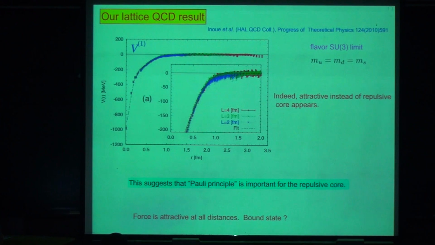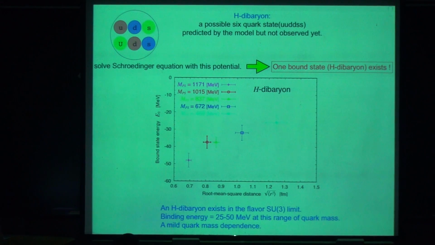And as a byproduct, since this force is attractive at all distances, one may expect that there might be a bound state for this channel. Actually, people predicted a bound state of this channel, the so-called H dibaryon. This is a possible six-quark state, UU, DD, SS, predicted by model calculation, but not observed experimentally yet.